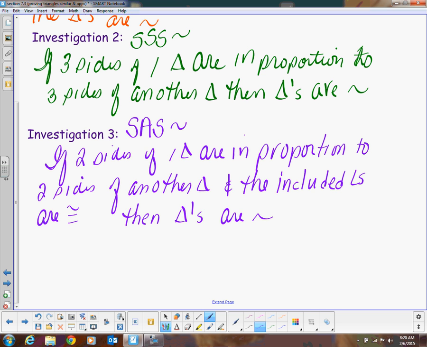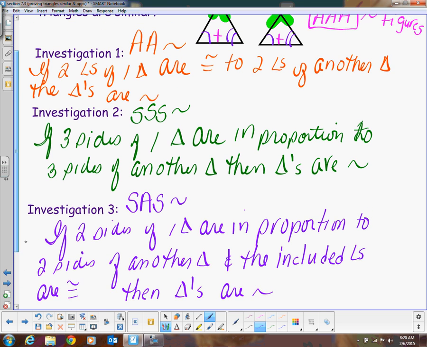So those are your 3. You don't have 5 of them like you did in congruence. So part of your homework is to be given a diagram and to be able to state, are they similar and why? And your why is going to be one of these 3 reasons. Now, you can use a process of elimination and some common sense. If you're given a figure with absolutely nothing on any of the sides, what can you eliminate?